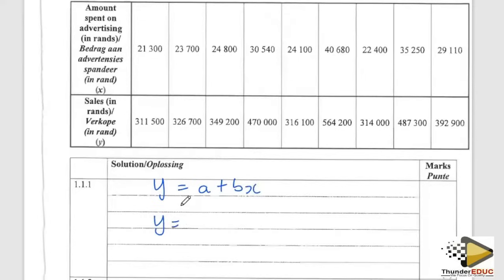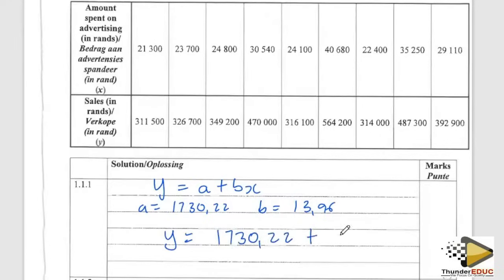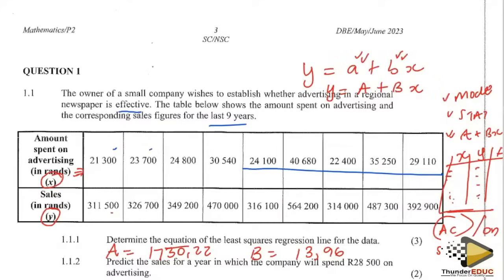And we got our A as 1730.22. We said B was 13.96. So my equation is going to be 1730.22 plus 13.96 with X. Okay, so that is the regression equation.